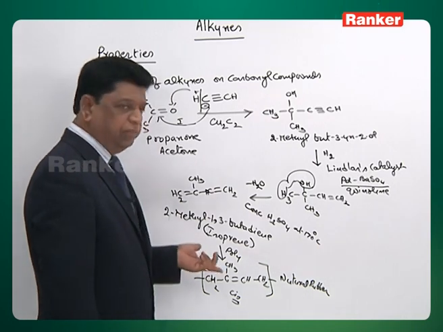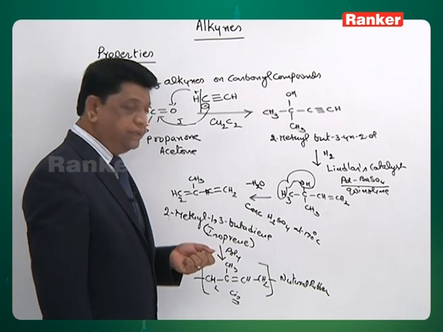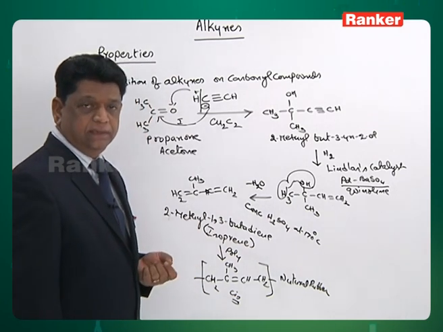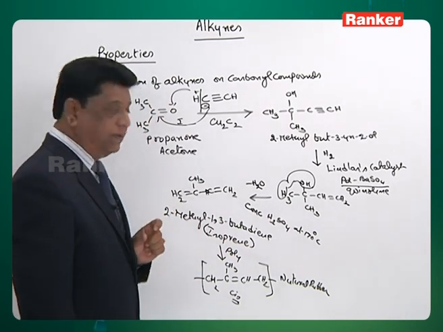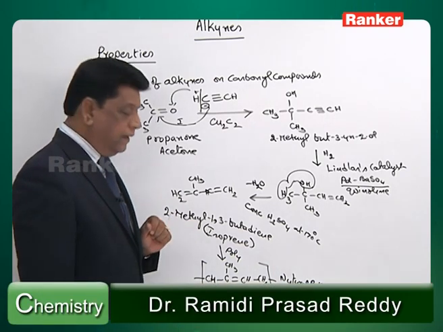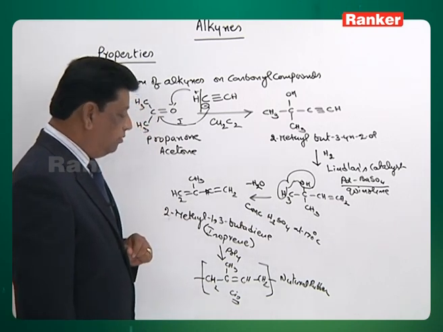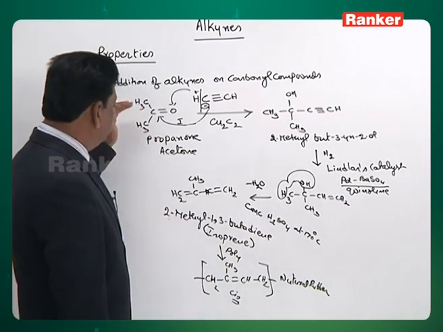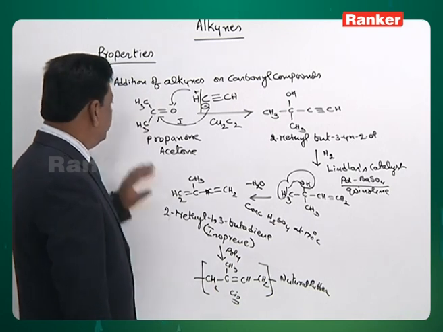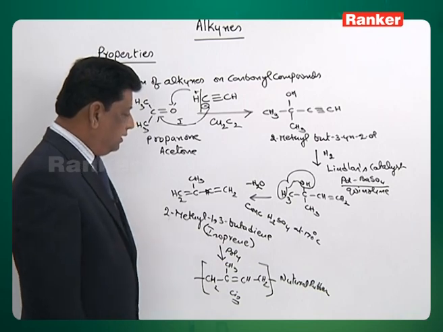Both the previous example, the nylon preparation, and the natural rubber preparation are in the IIT syllabus specifically as polymers in the polymers topic. Natural rubber and nylon both are there for the study of preparation and properties. So this covers that particular part also. From the alkynes we are able to prepare natural rubber.